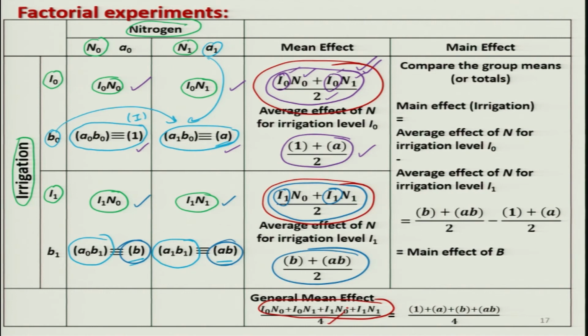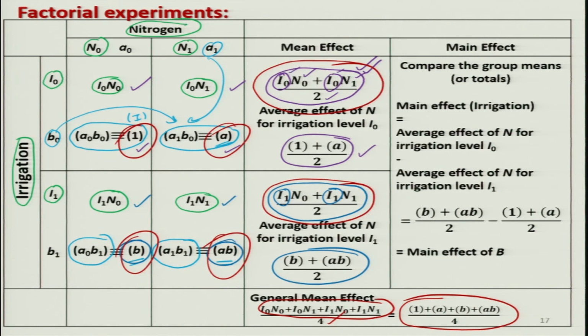So, to confirm it, right. If you consider all the terms 1, A, B, AB and find their arithmetic mean, this will look like 1 plus A plus B plus AB divided by 4, which is the general mean effect, right.